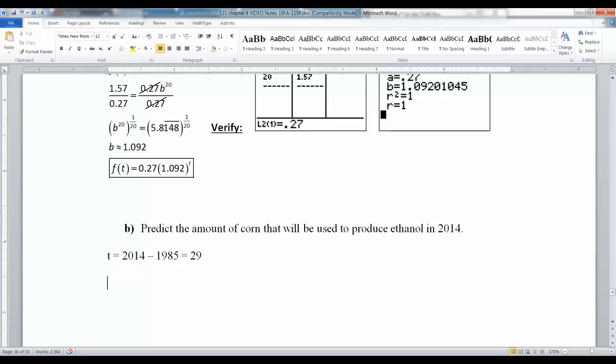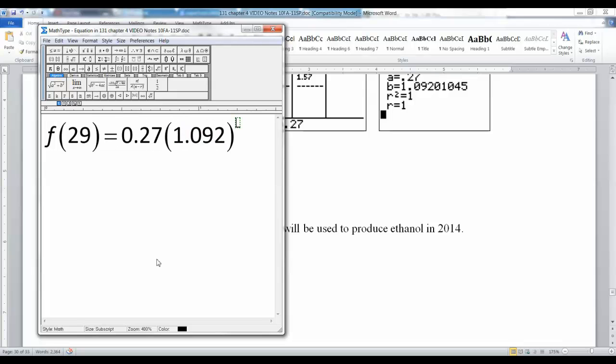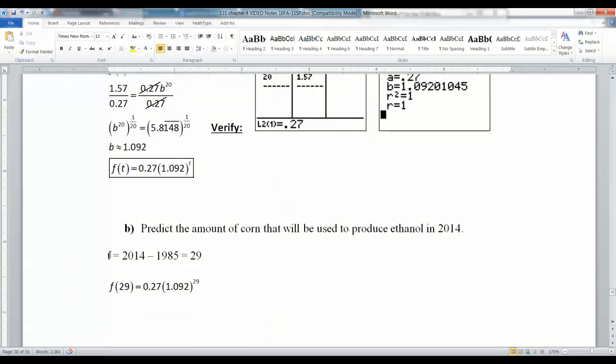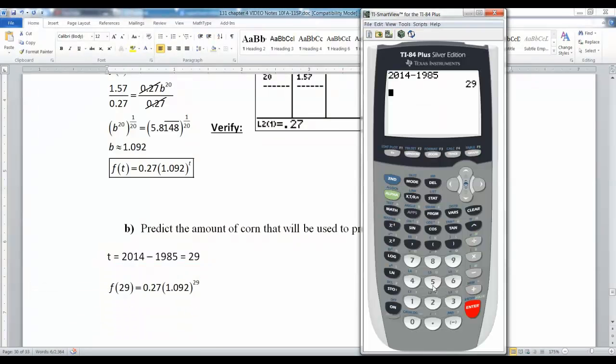Then I'm going to substitute. f of 29 is equal to 0.27 times 1.092 to the 29. And you can do this by hand, and by hand I mean type it into the calculator. That's fine. So 0.27 times 1.092 to the 29.